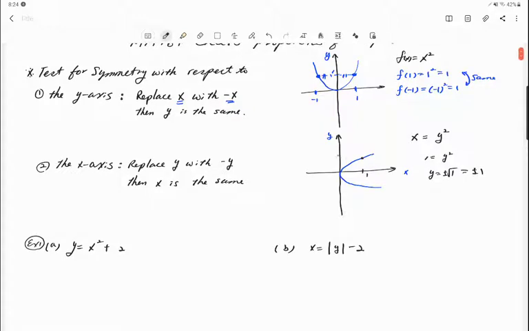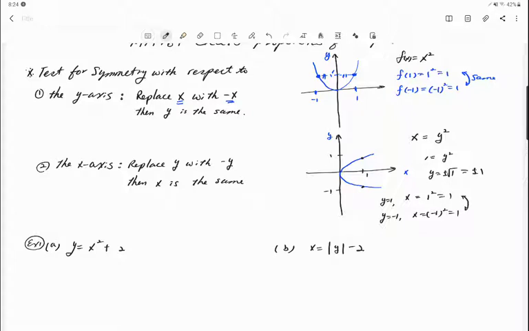So y will be positive 1, also negative 1, right? If y equals 1, then x is 1 squared, which is 1. If y equals negative 1, then x is negative 1 squared, which is 1, right?